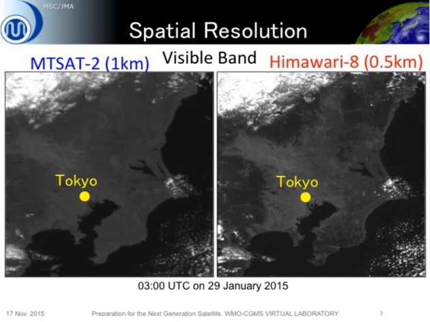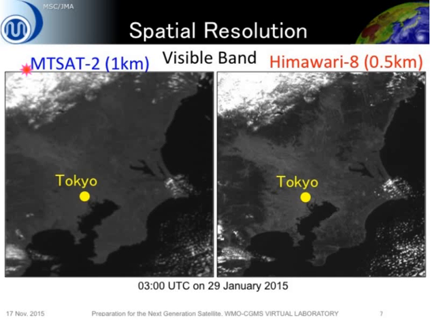First is spatial resolution. These pictures show the spatial resolution difference between MTSAT2 and Himawari 8. Those two data were observed at the same time. The left picture is visible band of MTSAT2, and right is Himawari 8 band 3.